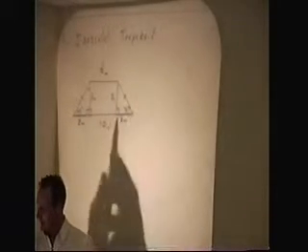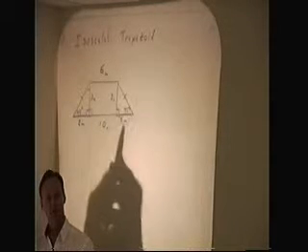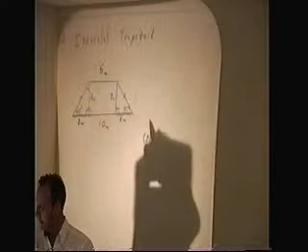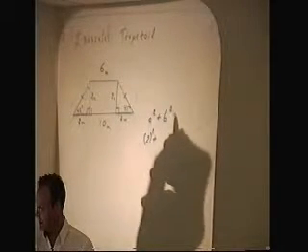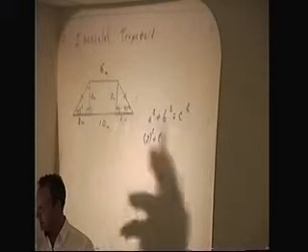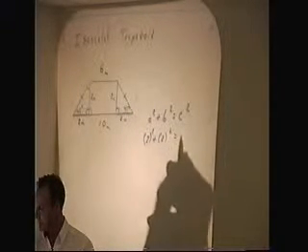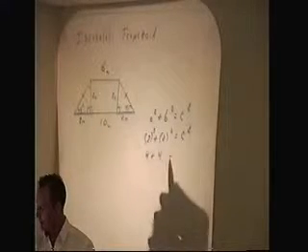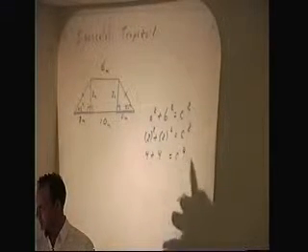Okay. If I want to find this missing side using the Pythagorean Theorem, I can take 2 squared. A squared plus B squared equals C squared is my formula. I'm going to take A and B and substitute them in. And 4 plus 4 is C squared, so C squared equals 8.